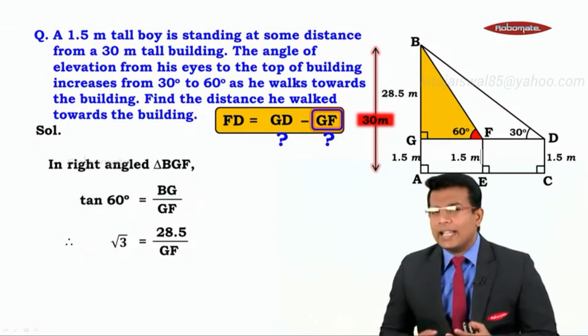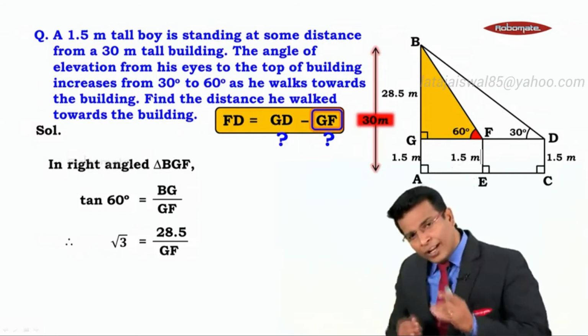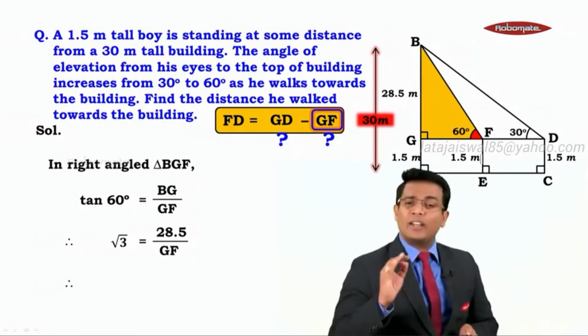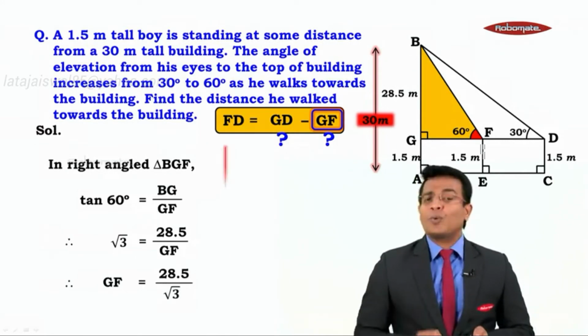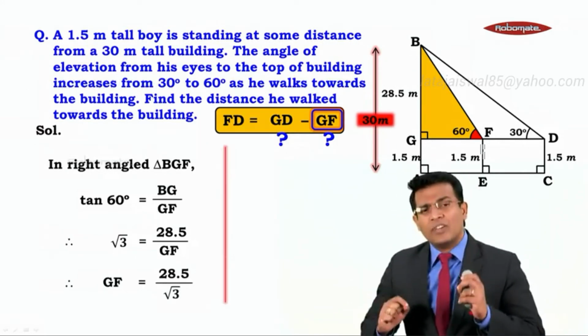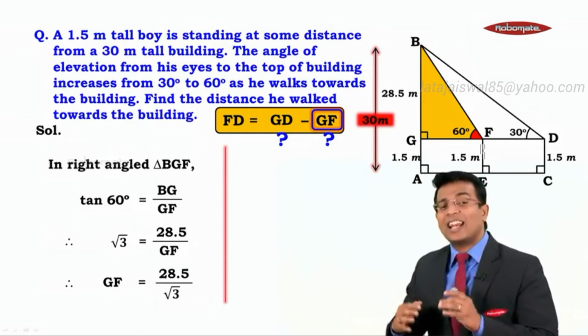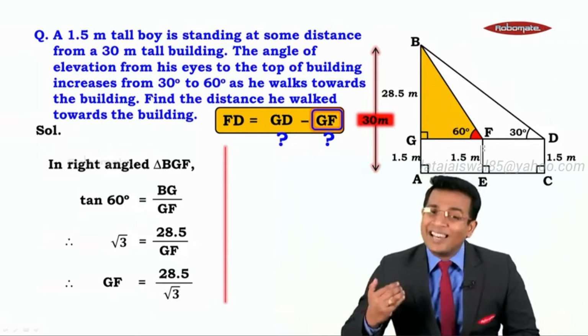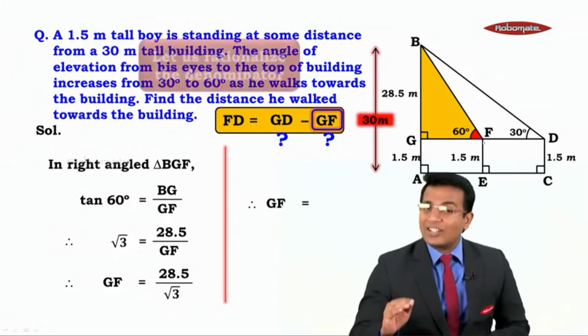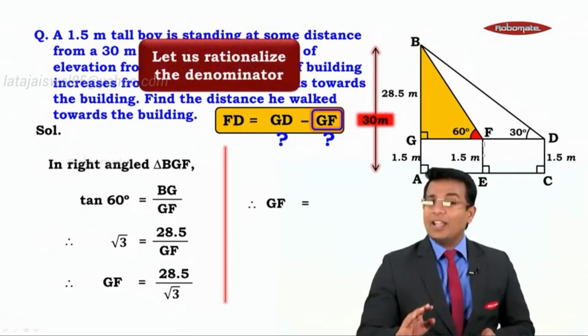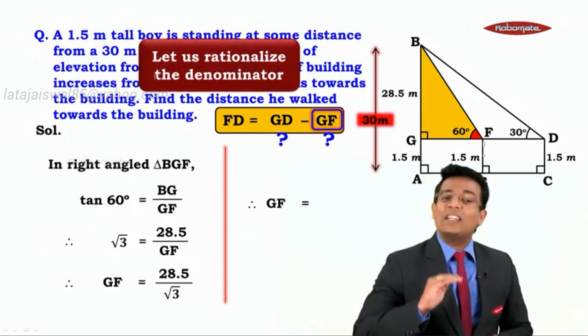So now it's easy. Shift GF to the left hand side, root 3 comes onto the right hand side in the denominator. So we have GF is equal to 28.5 upon root 3. But in this fraction, the denominator is an irrational number, so we need to rationalize it. For this rationalization, we multiply root 3 in the numerator and the denominator.